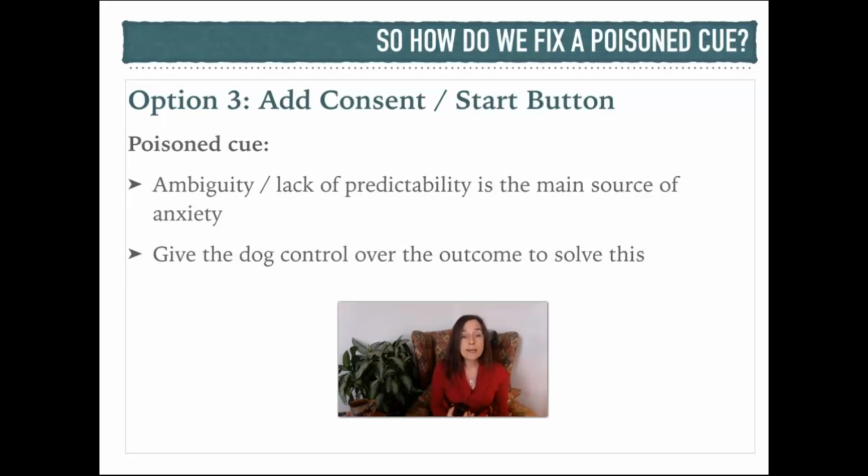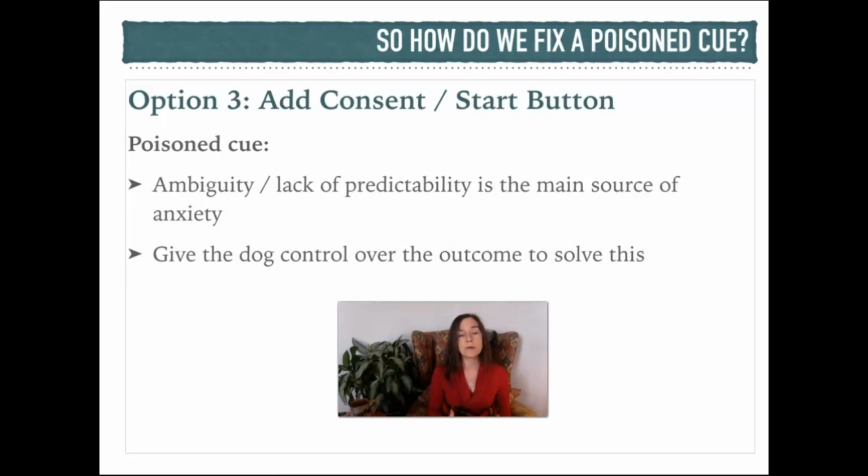And so that creates this anxiety and this reluctance to perform the behavior. So if we can give the dog back the control over the outcome, they're going to be very happy to perform the behavior. It's that need to feel confident in how things are going to turn out that we need to allow them to feel in order to get rid of the effect of the poison cue.